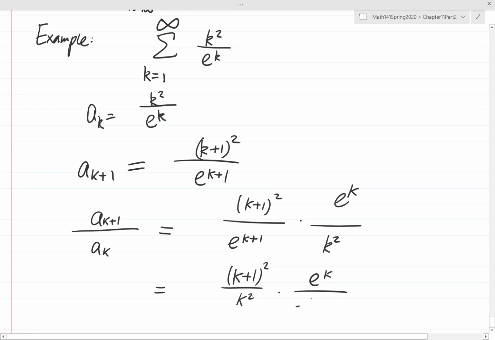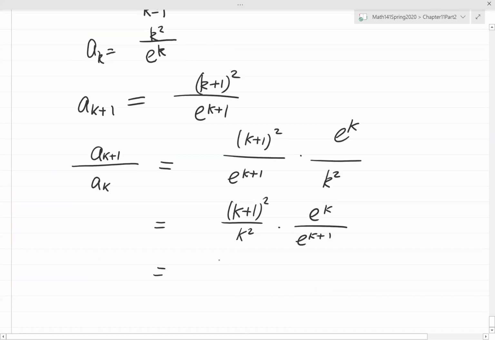e^k over e^(k+1). Now you can write this as (k plus 1) over k, squared. Now e^k over e^(k+1), you can cancel e^k, so you get 1 over e.